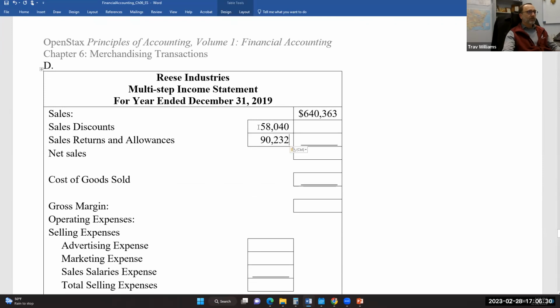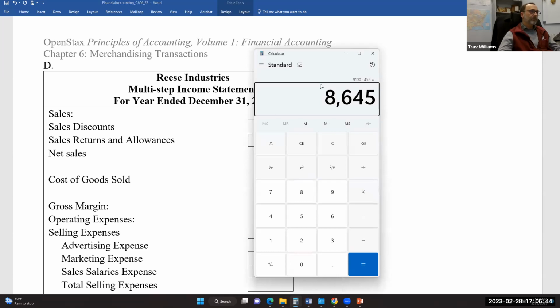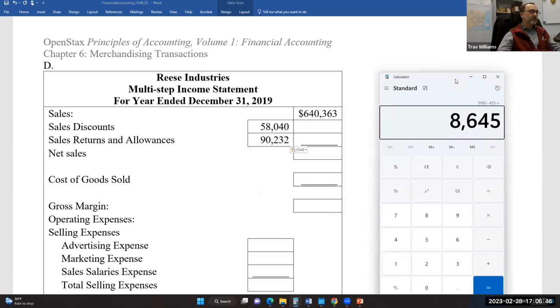So now what we're going to do, and again, the format varies when you're working on income statements. In this case, they're using 2 columns, and that allows us to subtotal these 2 items here, the sales discounts plus the sales returns and allowances.